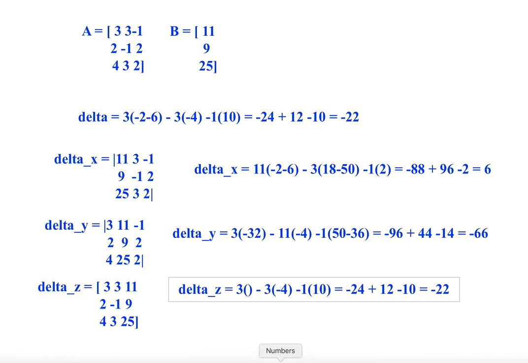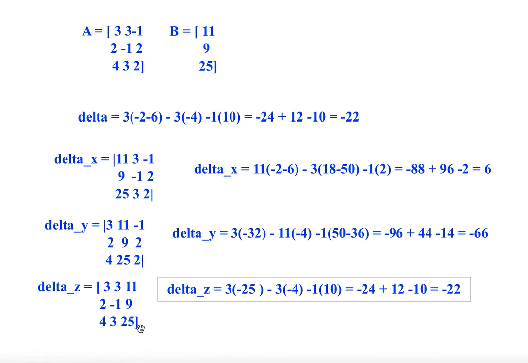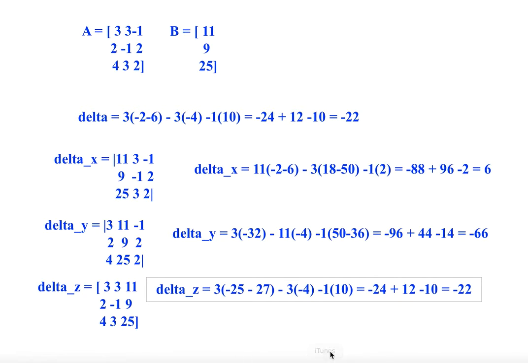Is 24, 14. 3 into minus 50, 3 into, how did I get 14? It is not correct. Minus 25. Sorry, minus 25. Then 3 into minus 20, minus 27. Minus 27. Okay.